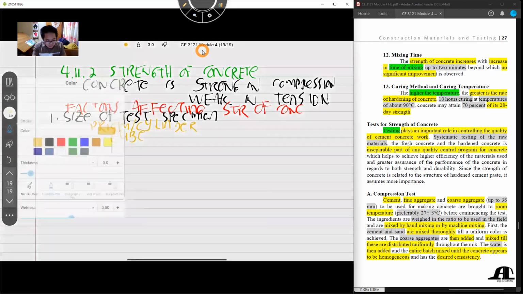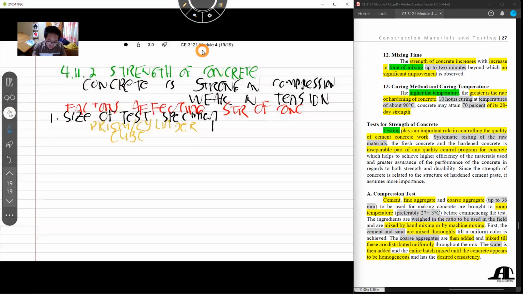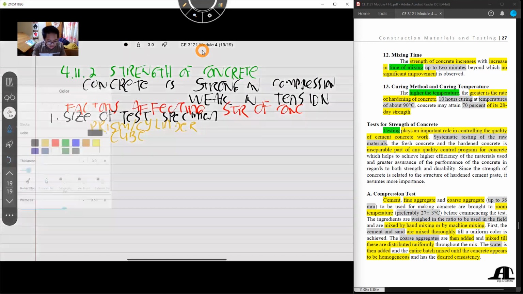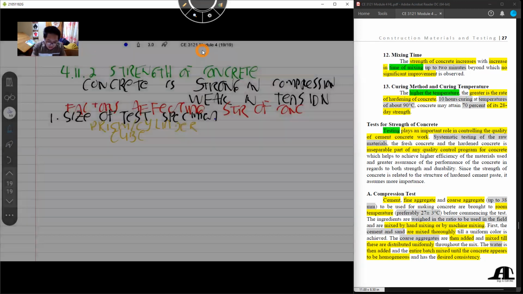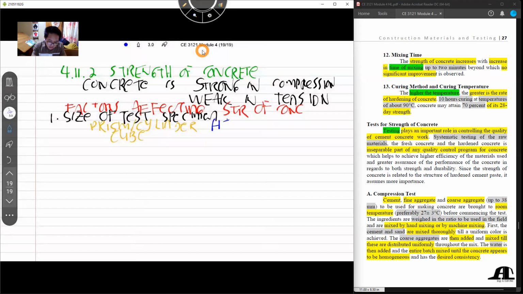If it's a cylinder, supposedly the height of our prism or cylinder should be equal to 2 times the diameter. If it's a cube, class, the sides should be 150 mm.